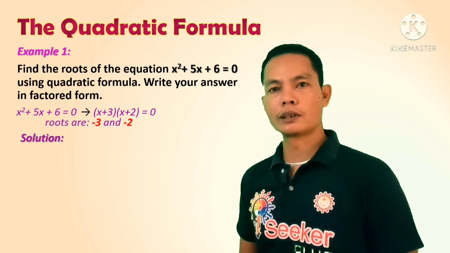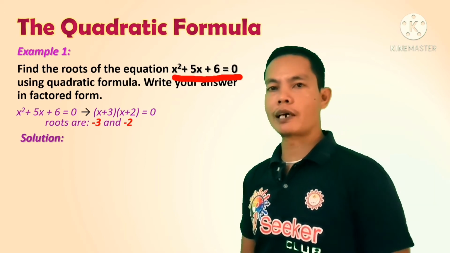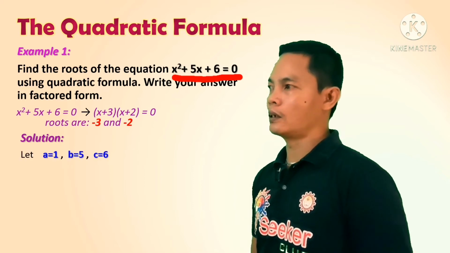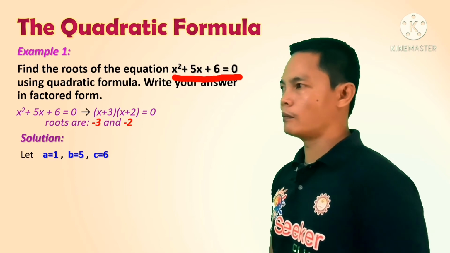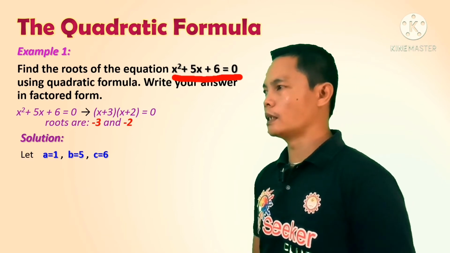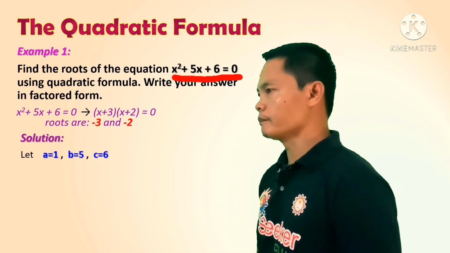We are going to use the quadratic formula. From the given x squared plus 5x plus 6 equals to 0, let a equals to 1, which is the first coefficient, b is equals to 5, the middle or second coefficient, and c equals to 6, the constant term or the last coefficient.